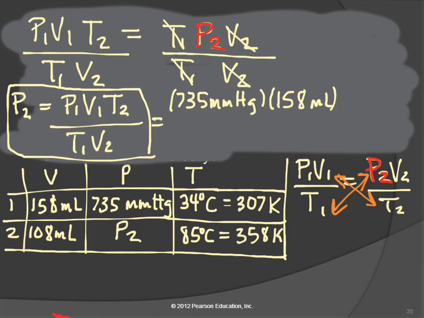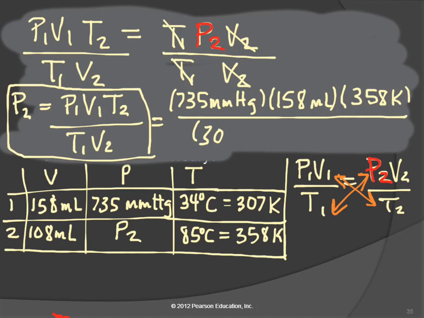And T2, we're going to use the Kelvin one, is 358 Kelvin. And all of that is divided by T1, which is 307 Kelvin, times V2, which is 108 milliliters. Everybody with me?